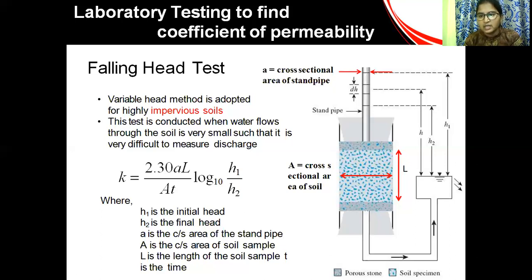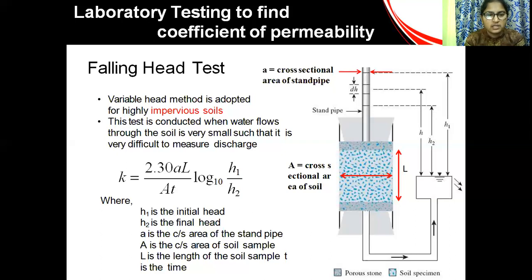That's why we place porous stones. The purpose of the porous stones is to restrict the flow of water through the soil, one at the top and one at the bottom. This variable head method is conducted on relatively less permeable soil.